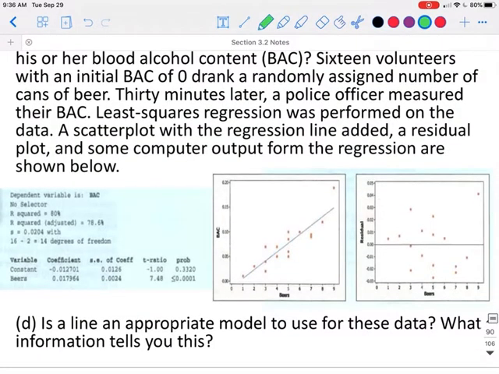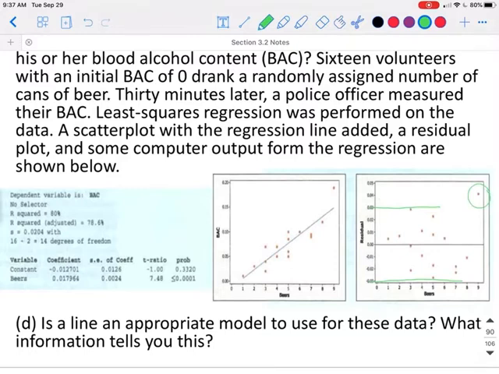Is a line an appropriate model to use for this data? What information can tell us this? So if we are taking a look, the line does seem like it's appropriate because the residual plot shows a fairly random scatter of points about the horizontal line. Most of our residuals are going to fall between negative 0.03 and a positive 0.03 with just one outlier.